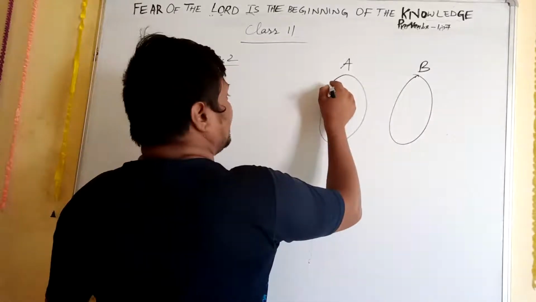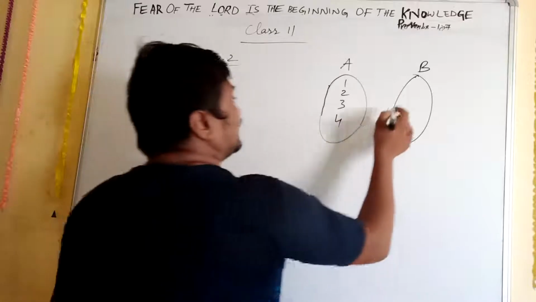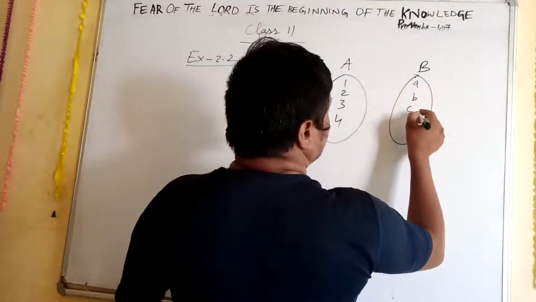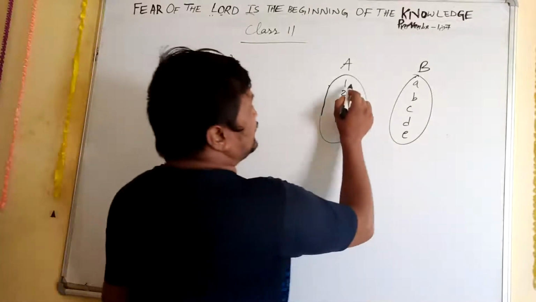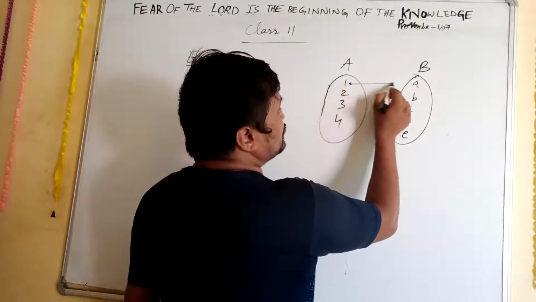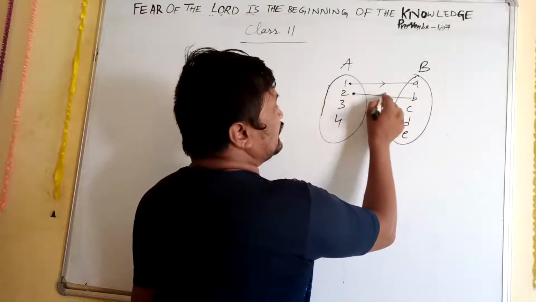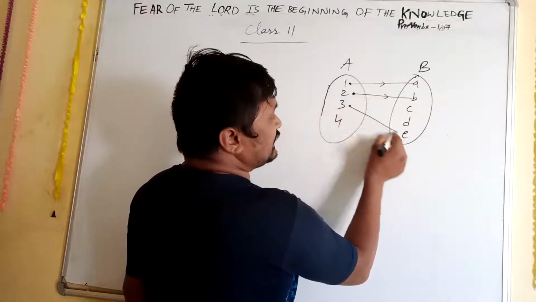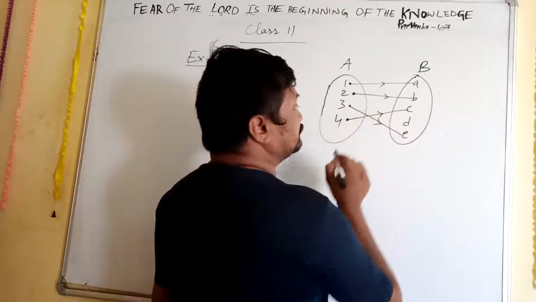Set A consists of elements 1, 2, 3, 4. Set B has A, B, C, D, E. Now set A has the relation: 1 is related to A, 2 is related to B, 3 is related to E, 4 is related to C.